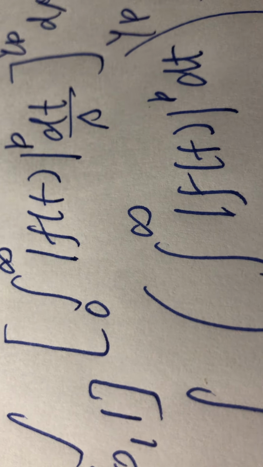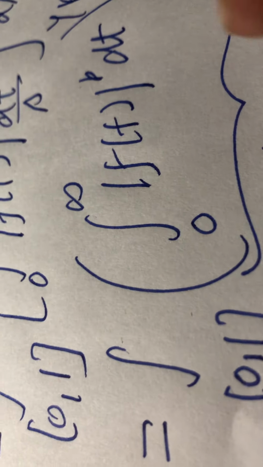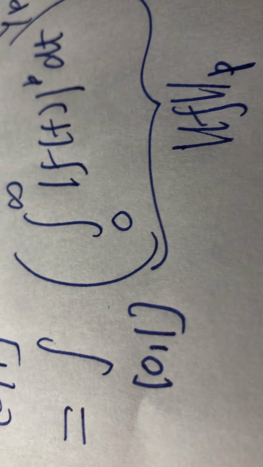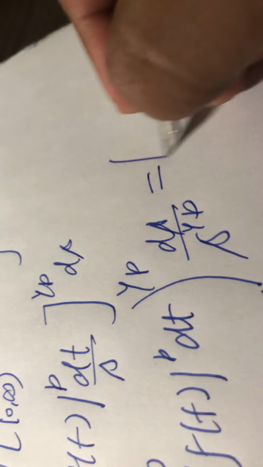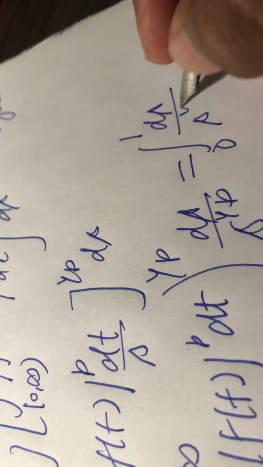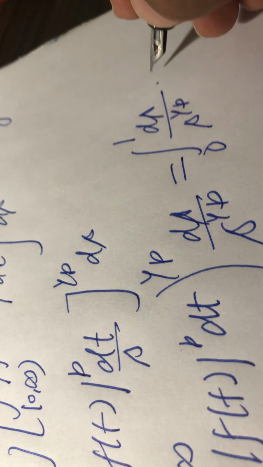So what is this thing? This is nothing but the norm of small f in L^p, right? So you have nothing but the integral from 0 to 1 of ds over s to the 1 pth multiplied by a constant.